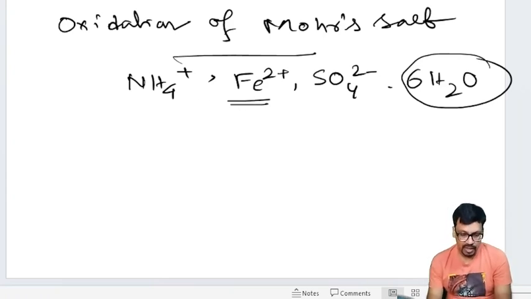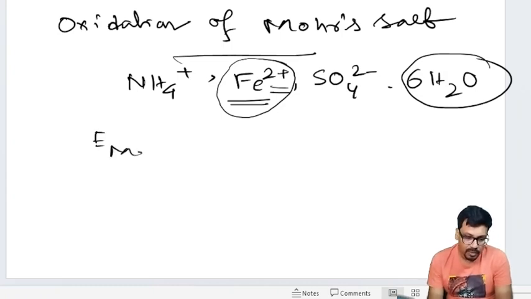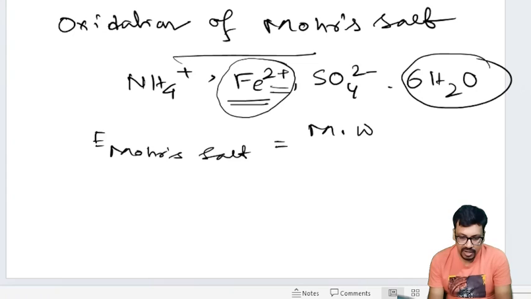Okay? Many of the students give the wrong answer because they say that here the iron is in the +2 oxidation state, so we can write the equivalent weight of Mohr's salt as the molecular weight divided by 2.